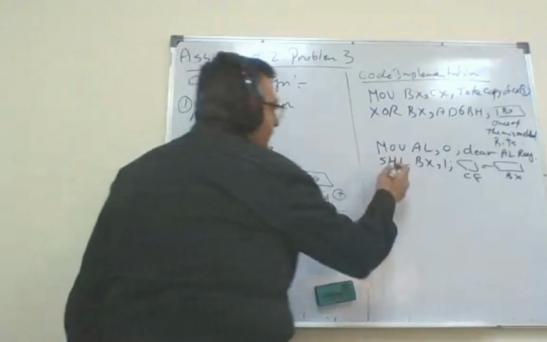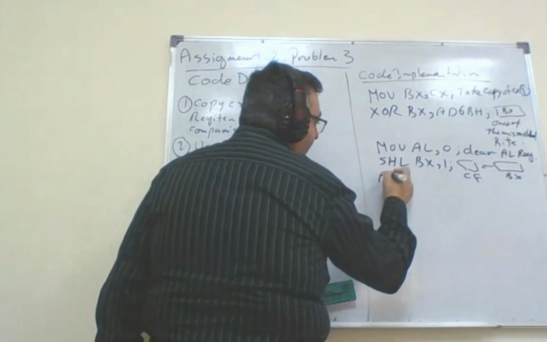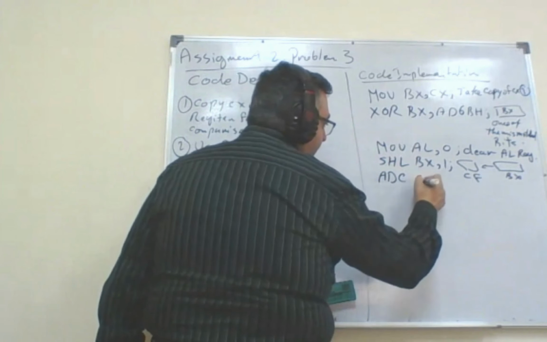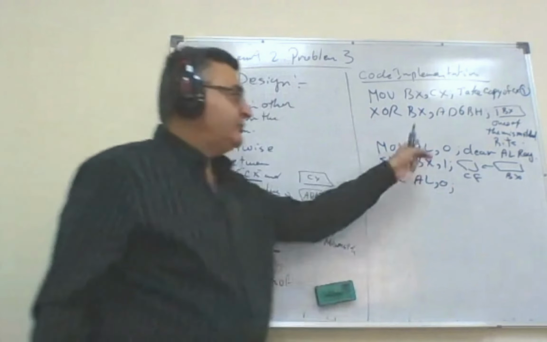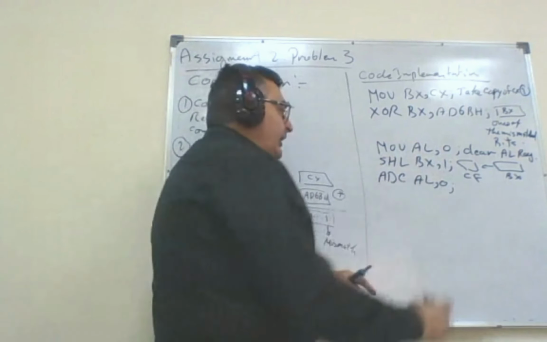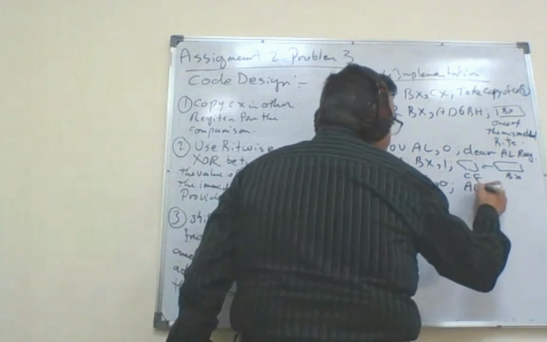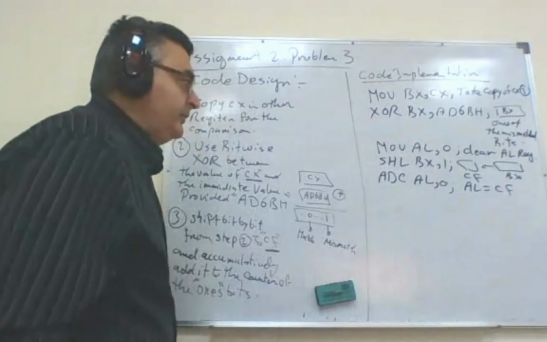Then accumulate it to AL: I have to add with carry AL and 0. AL originally has 0 and I will add 0 to it, so effectively AL will take the value of the carry flag. This is the first step.